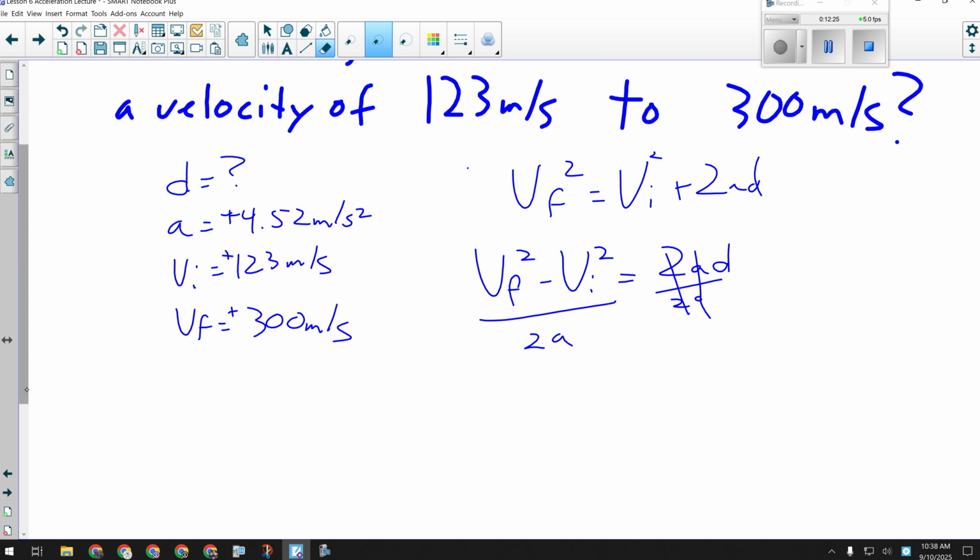Okay, so we plug in our numbers here, and we're going to have 300 squared minus 123 squared, divided by 2 times 4.52.